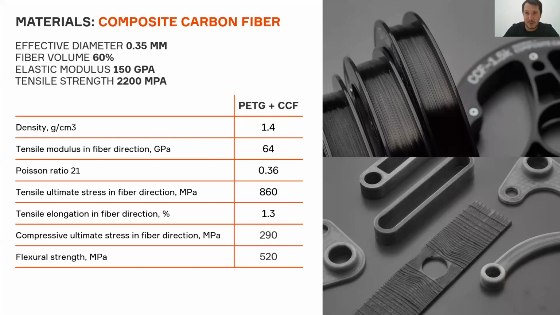But the beauty of the process is that it's much more flexible compared to the conventional ones. So you can make really complex 3D parts, you can make different types of reinforcements, and you can make lattices.